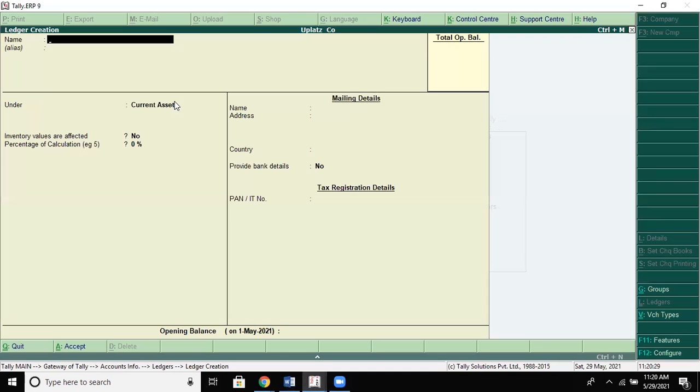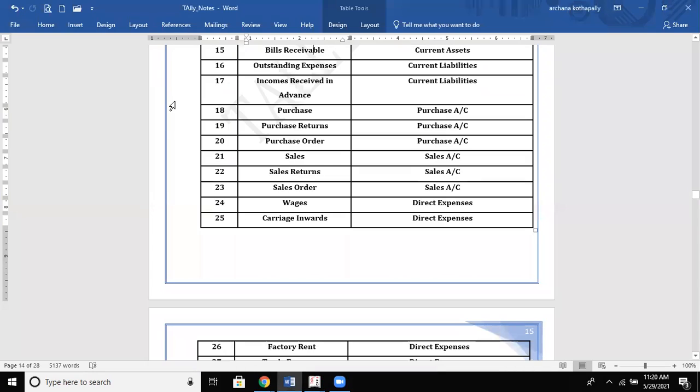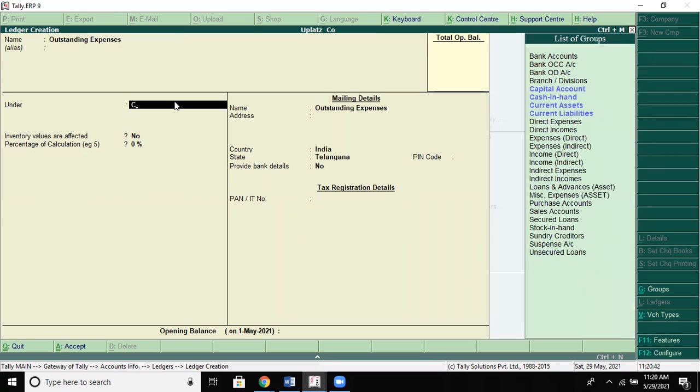Next. Outstanding expenses. So outstanding expenses is also your current liabilities. Always remember it's a current liabilities. So it is a liability for you on your company.